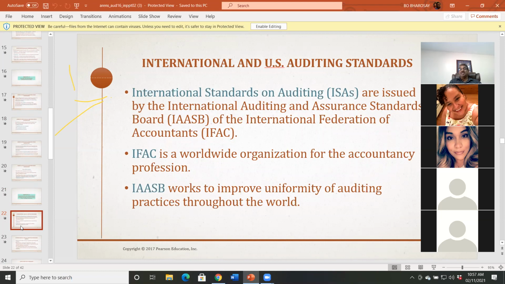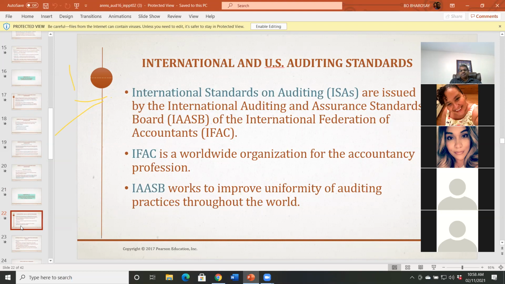International Standards on Auditing, or what they call the ISAs, are issued by the International Auditing and Assurance Standards Board, IAASB, and the International Federation of Accountants, IFAC. IFAC is a worldwide organization of the accountancy profession. Like the AICPA is an organization in the United States, the IFAC is a bigger umbrella, a worldwide one.